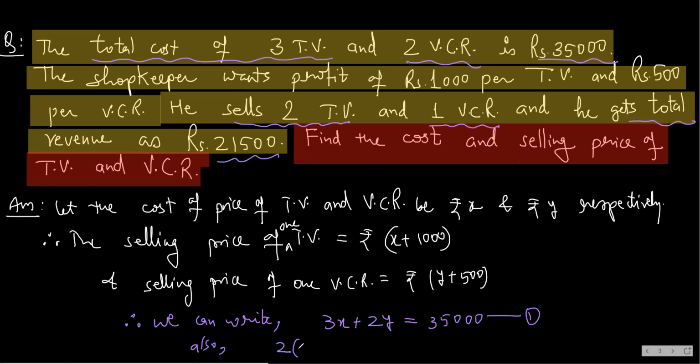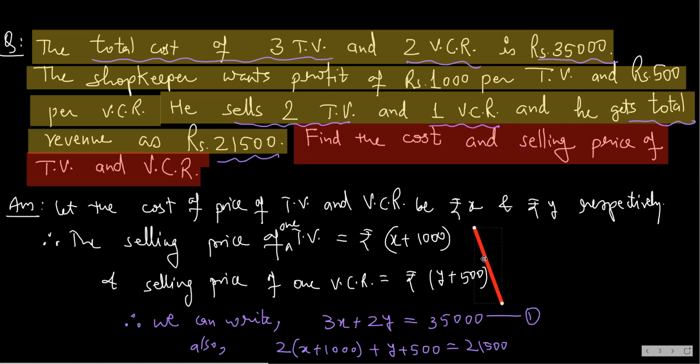Now, what is the price at which the shopkeeper is selling? Here it is, x plus 1,000. So 2 into x plus 1,000 plus, he's selling 1 VCR, that is plus 1 into y plus 500, which is y plus 500, equals to 21,500. He gets 21,500.